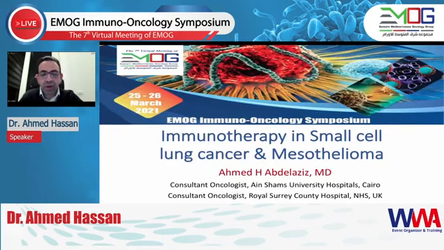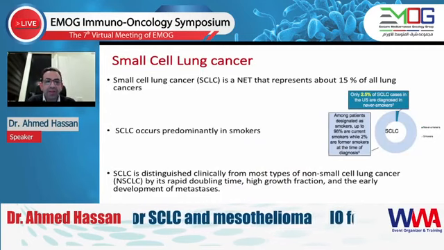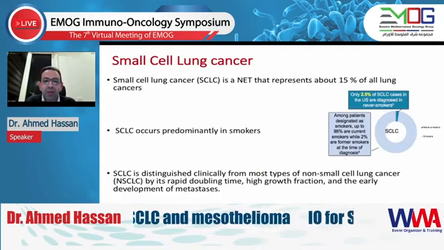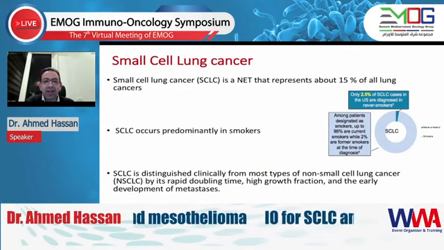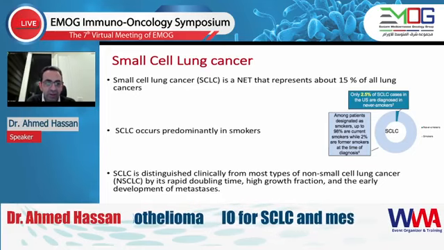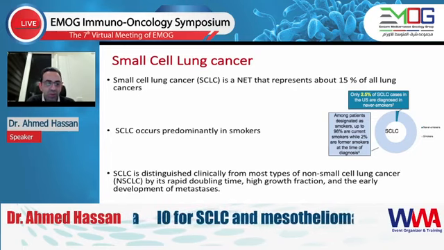Right. So I will be discussing in the next few minutes immunotherapy in small cell lung cancer and mesothelioma. Small cell lung cancer is a subtype of neuroendocrine tumor, but it lies at the far, aggressive end of the neuroendocrine tumors. It represents 15% of all lung cancers, and it occurs predominantly in smokers, almost always associated with smoking.